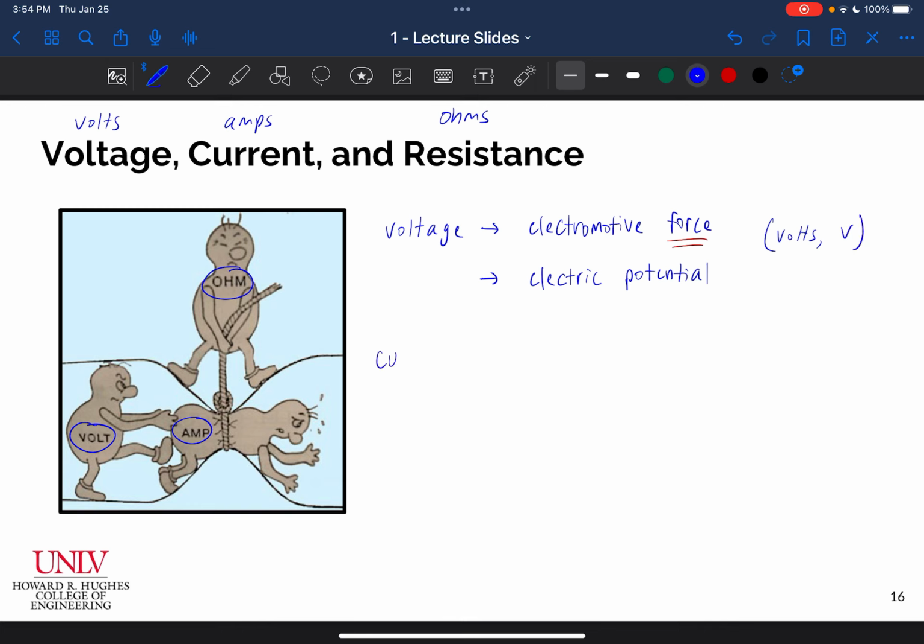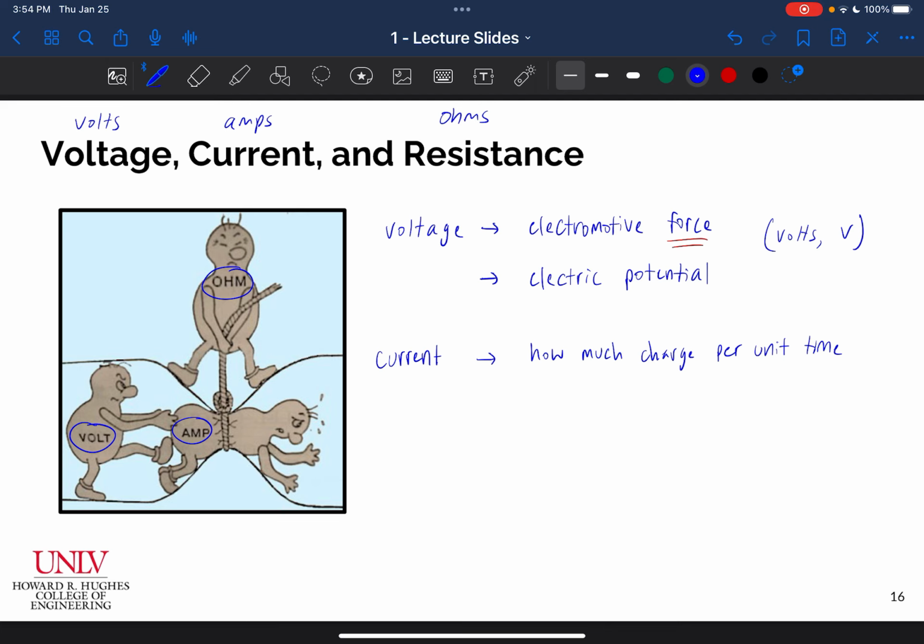And so current is the next quantity that we care about. Current is a measure of how much charge is flowing per unit time.